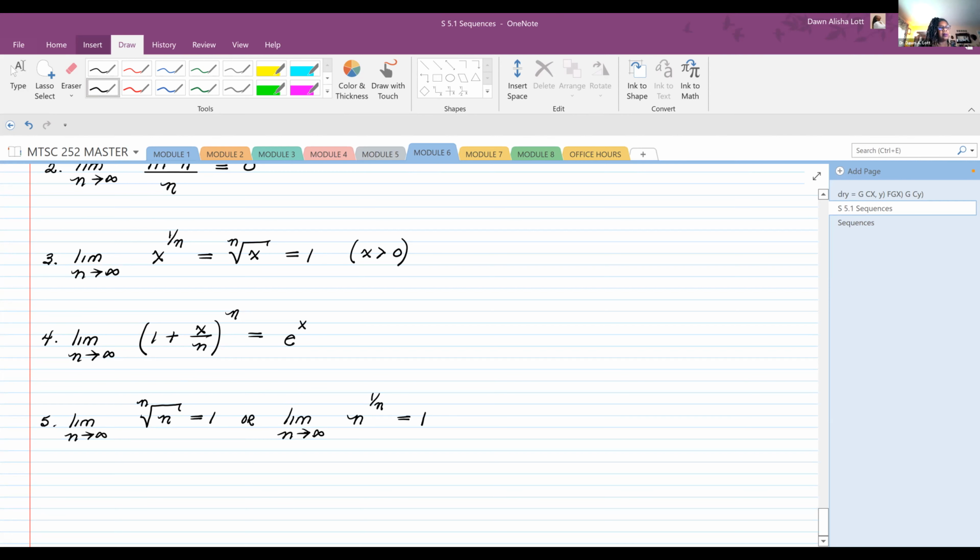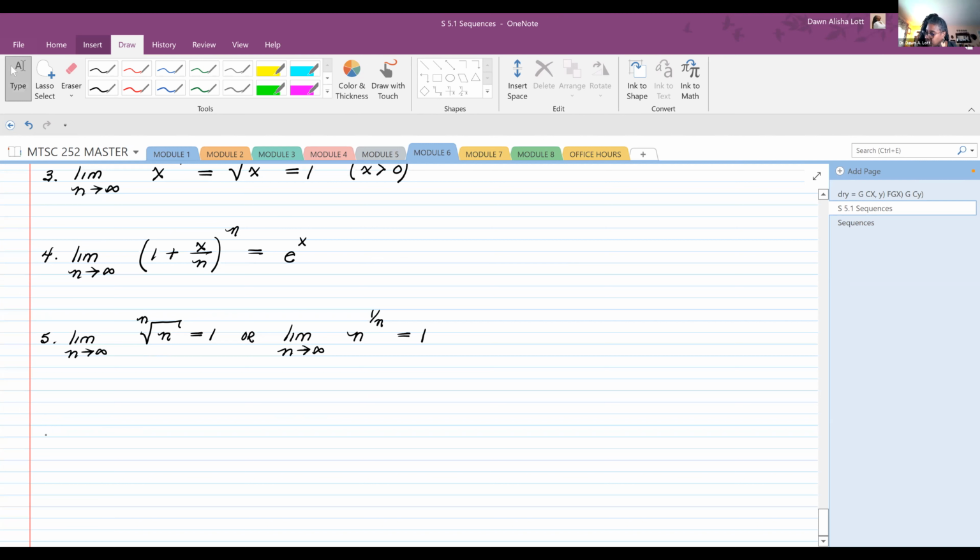Number six, the limit as n approaches infinity of x to the n is equal to 0, if the absolute value of x is less than 1.